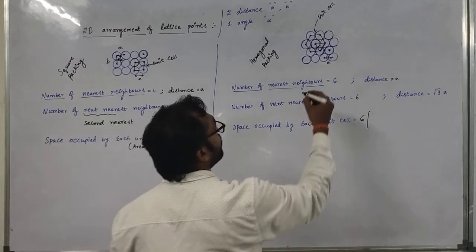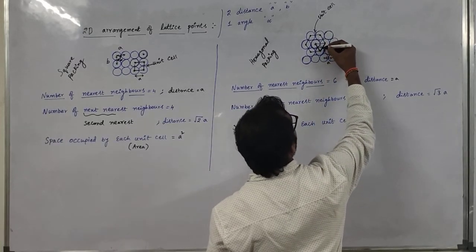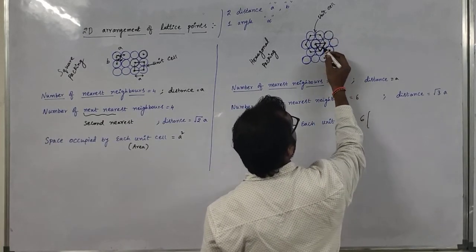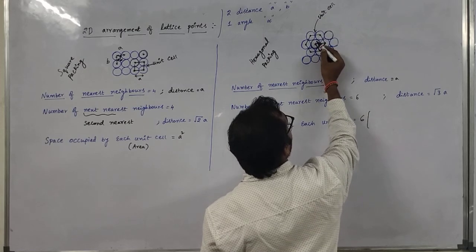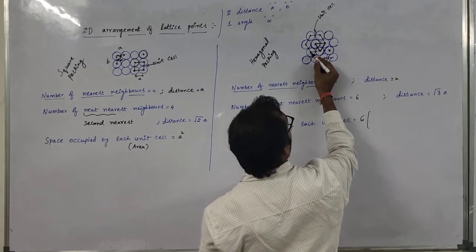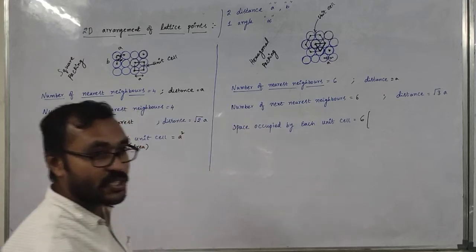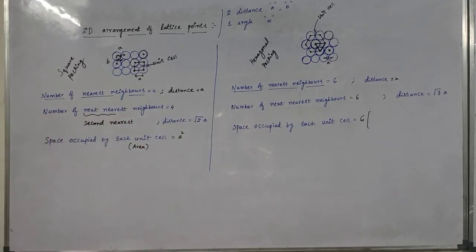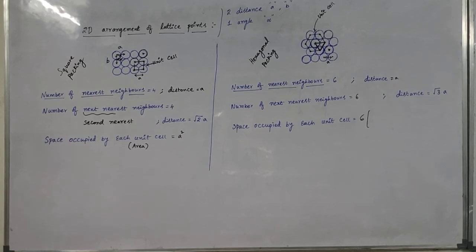Are you able to understand? This is an equilateral triangle. How many such triangles are possible? 1, here 2, 3, 4, 5, 6. So 6 into the area of an equilateral triangle. Now what is the area of an equilateral triangle?